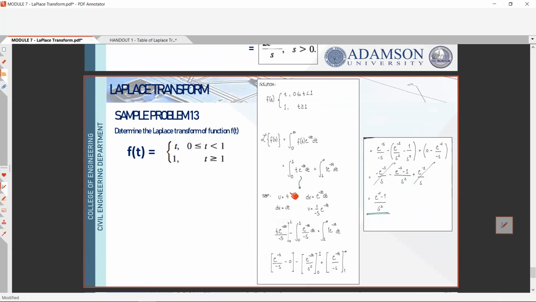So that means our boundaries are from 0 to 1 and 1 to infinity. Got it? Then plug in the function: from 0 to 1, t times e raised to negative st dt, and from 1 to infinity, positive 1.